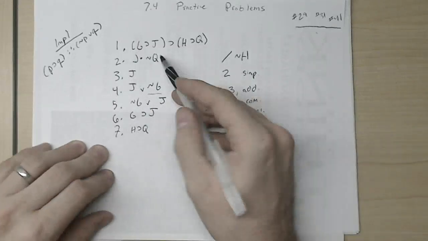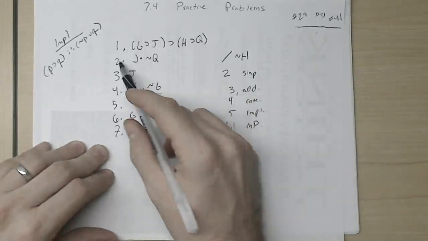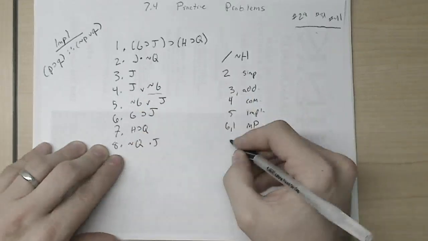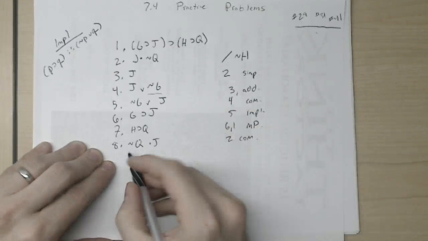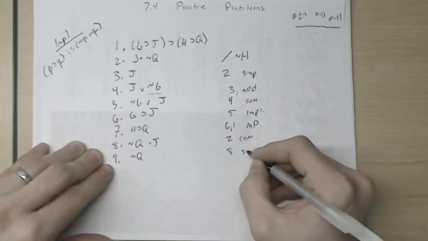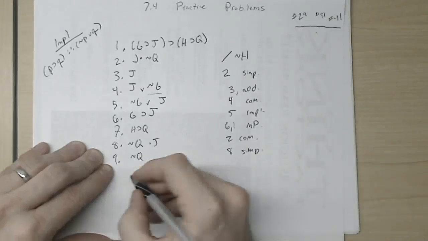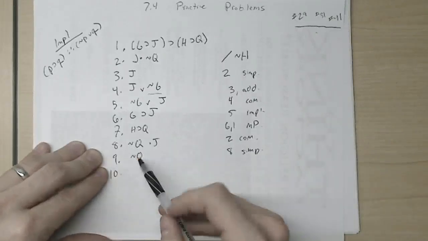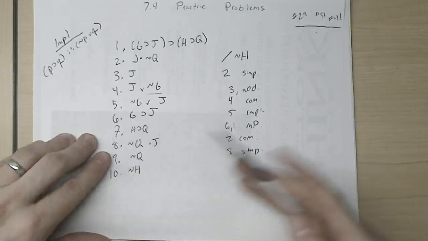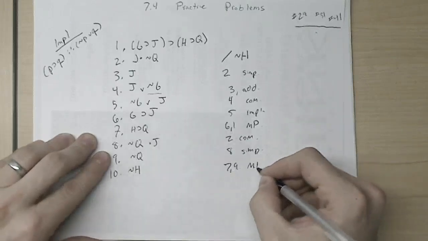Now I need to commutate line 2, so line 8 is going to be not Q and J. That's line 2, commutation. Now that I've commutated it, I can simplify to get not Q by itself. Line 8, simplification, which means line 10: now if I don't have this, then I must not have this. That's not H. So that's line 7 and 9, modus tollens.